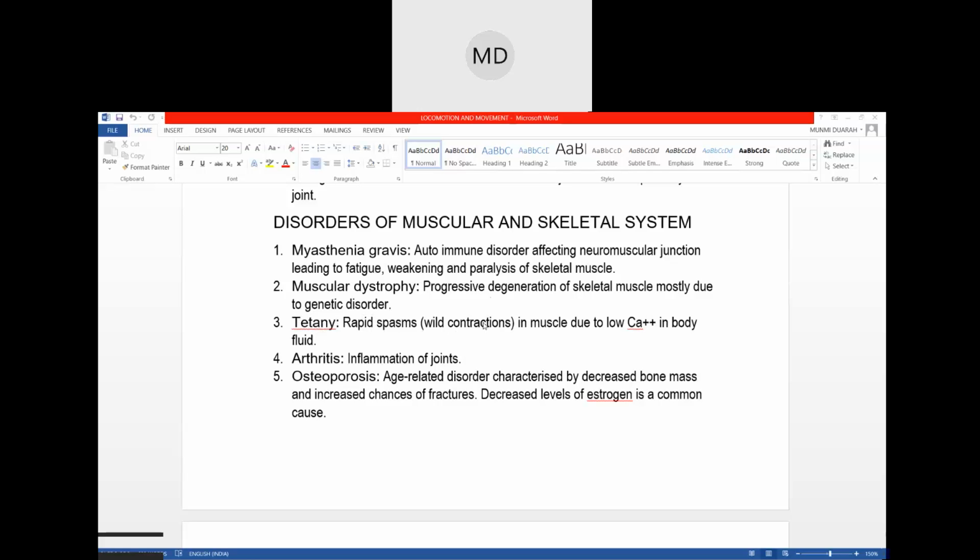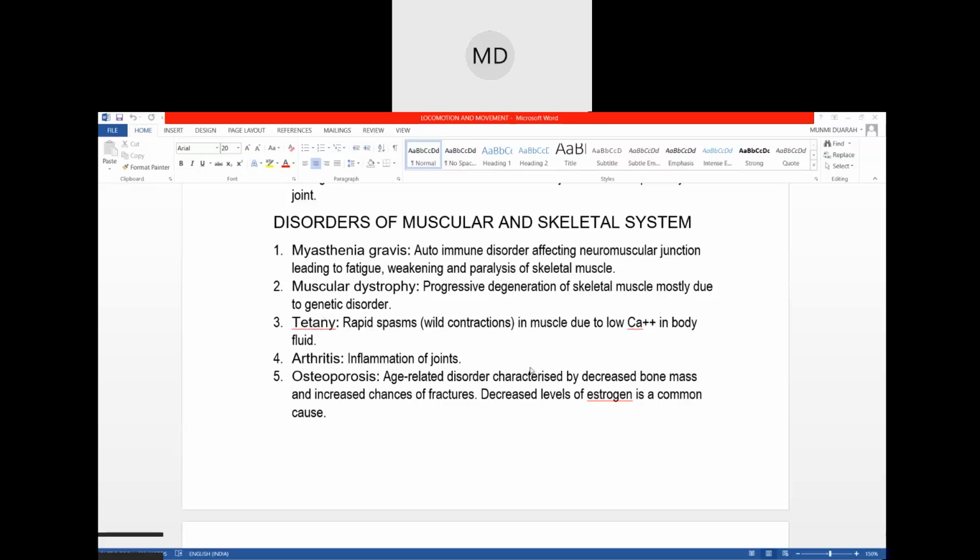Maybe in your thighs, maybe any place in your body, the muscle will contract and pain so much. That is tetany, and it happens because of low calcium ions. Because of low calcium ions, the person suffers from tetany.